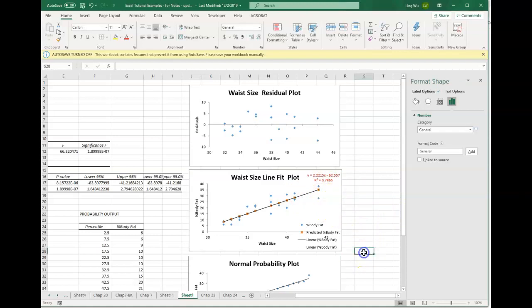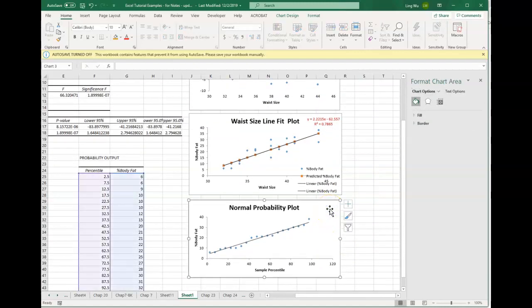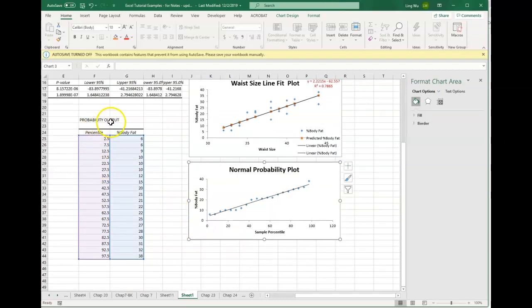And also the normal probability plot. For the normal probability plot, make sure to see this one is sample percentile, and then percentage body fats. So that's basically this table. We get the probability plot of the percentile.